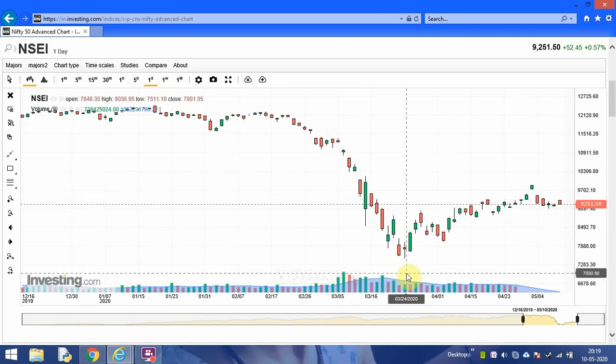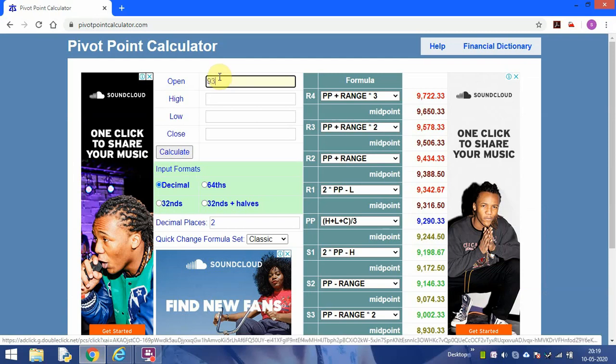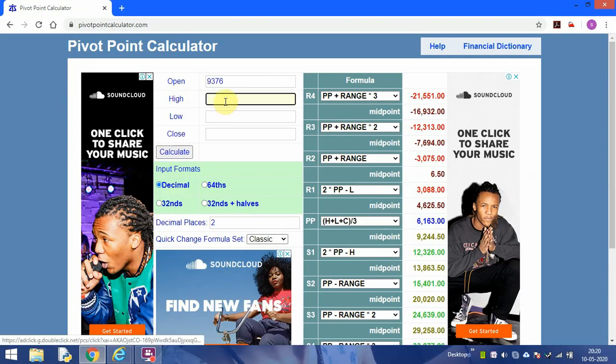Open is 9376, so you put it here. Next, on the daily chart, you put high 9382. Just check, high is 9382, put it here.